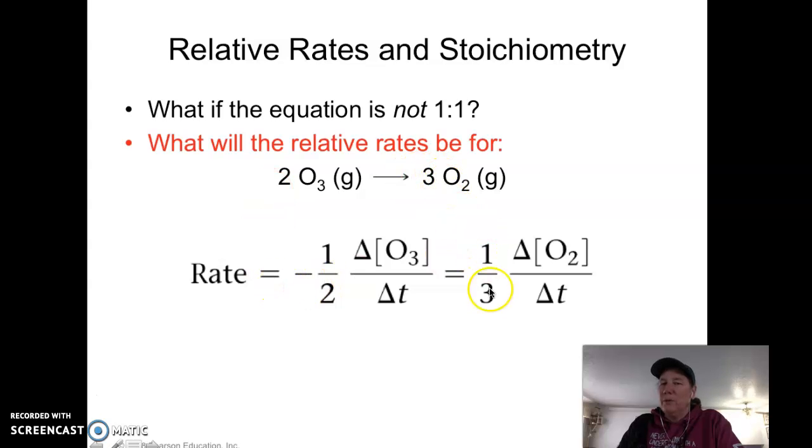And over here, it'd be 1 over 3. So it's the change in concentration of ozone over time, but we got to multiply by 1/2 because of our coefficient, equals the change in oxygen over time, but now it's going to be 1/3 because we got a 3 here. So by adding this 1/2 in front and this 1/3 in front, what I'm doing is I'm using the stoichiometry of that reaction.